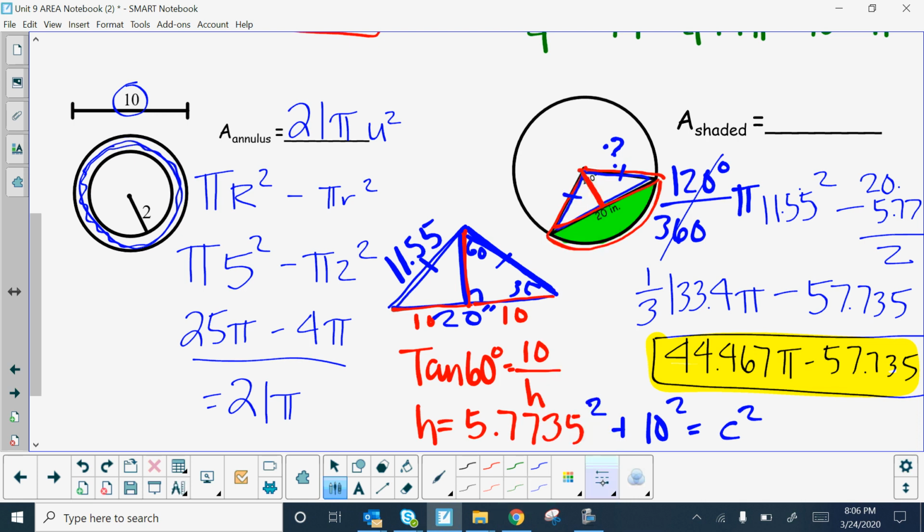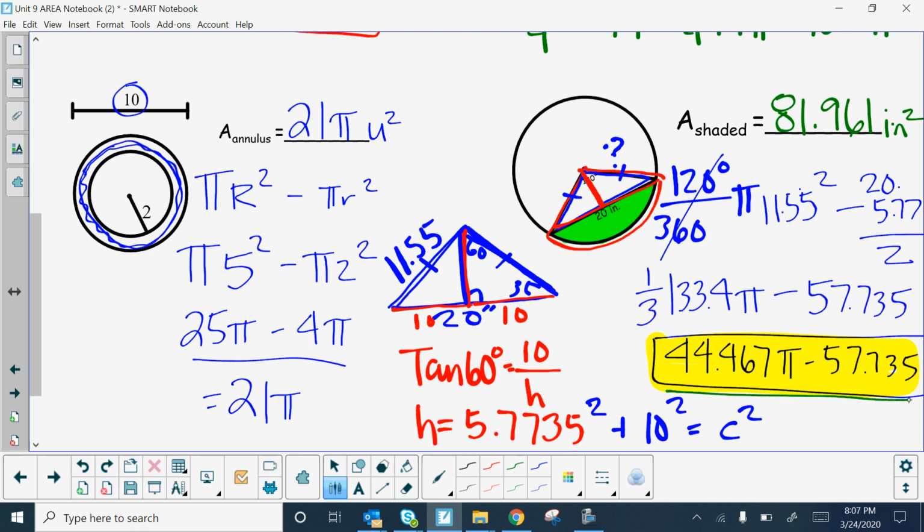We're going to do 44.667 repeating times pi in the calculator, minus 57.735 equals, so the area of the shaded region is roughly 81.961, if I'm rounding to the thousandths, and this is inches squared. Like I said, you can have that in decimal, or if I said to leave it in terms of pi, that's what it would be right there.